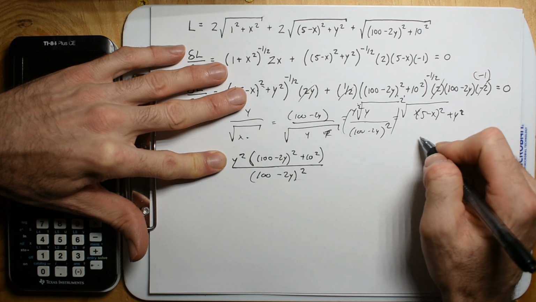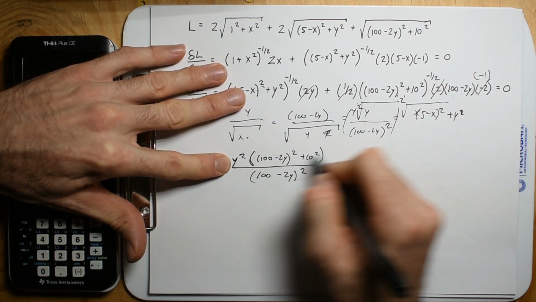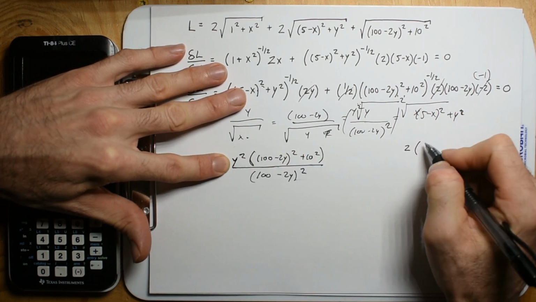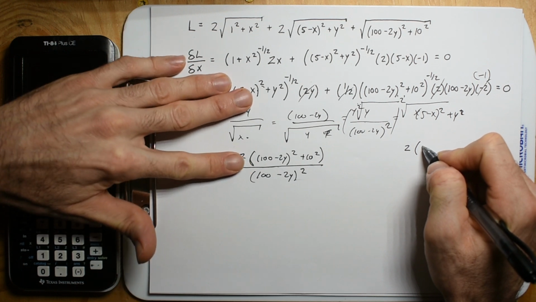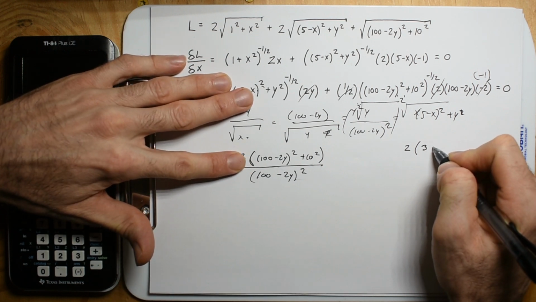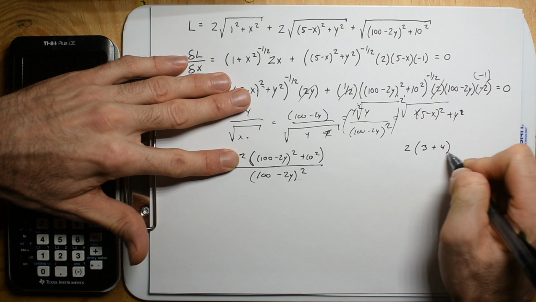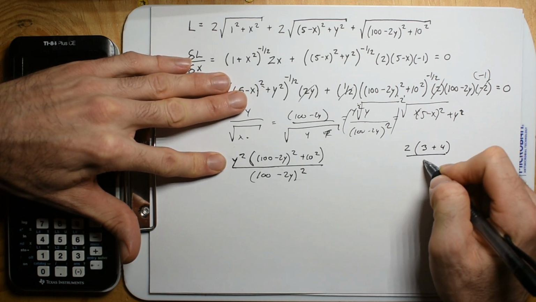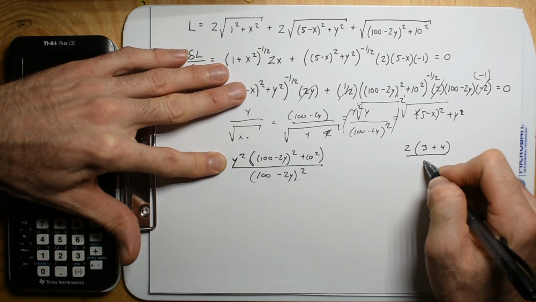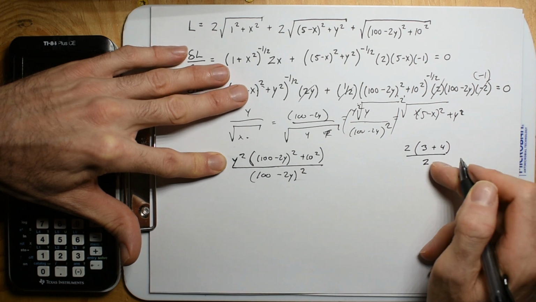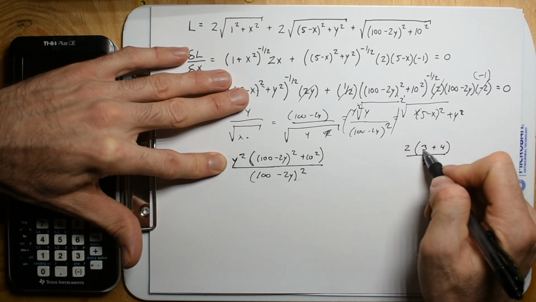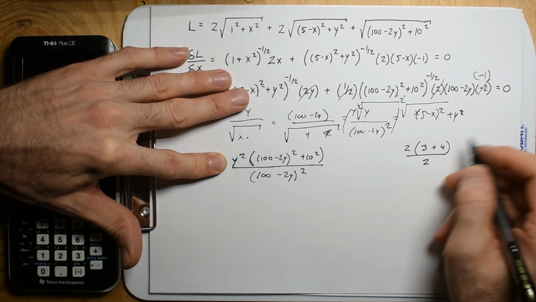And the answer is no. Let's just pick a number for this. Let's say this is 2, and then we have 3 plus 4. And then I'm going to divide it by 2. So if I take this 2 and put it under the 3, like that jives.